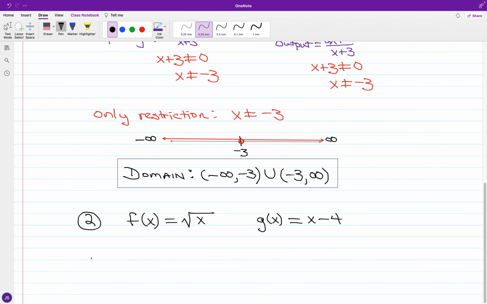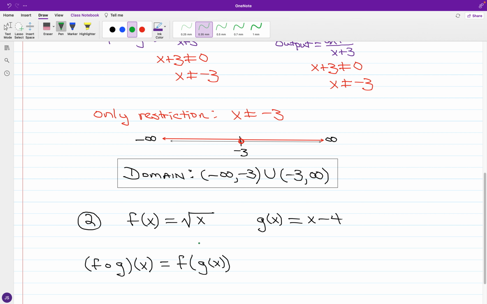So looking for the composition, we have f composed with g of x, so f of g of x.